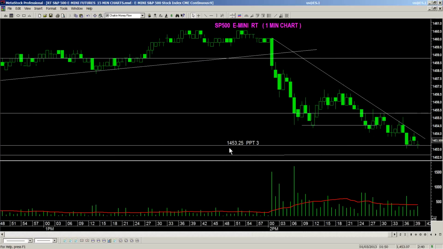Substantial support level established at 1453.25, acting as a price profit target. Trend line has not been violated on a 1-minute chart.